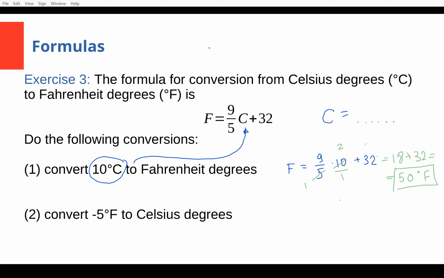Yes, exactly, 50. Now, in this example, we are going to plug in this piece of information, not instead of C, but instead of F, right? So let me use an orange one and point that this will go in place of the F. So I will be getting that -5 is equal to 9/5 Celsius plus 32, right?